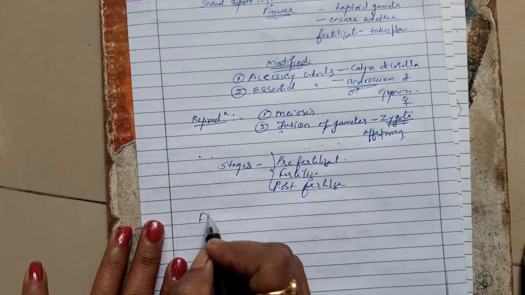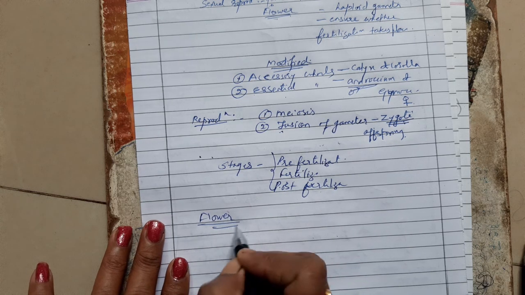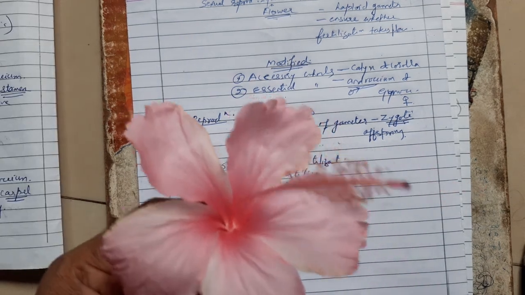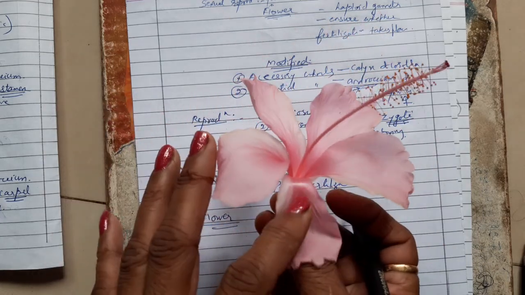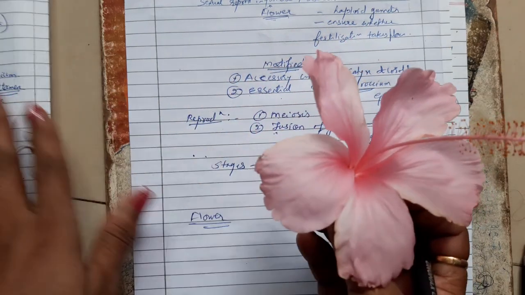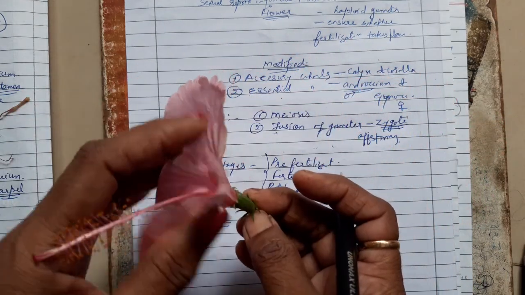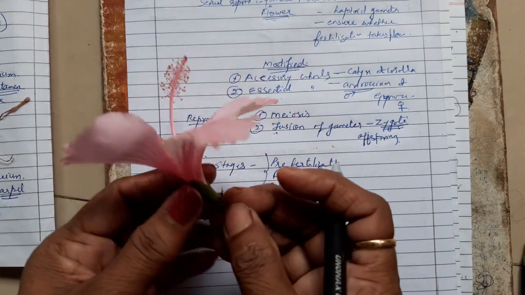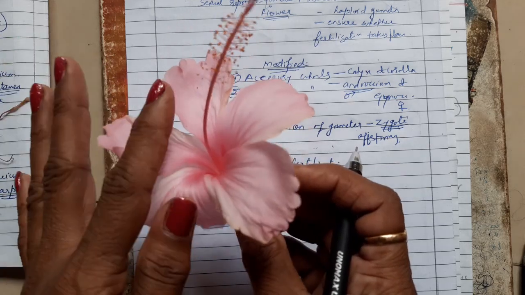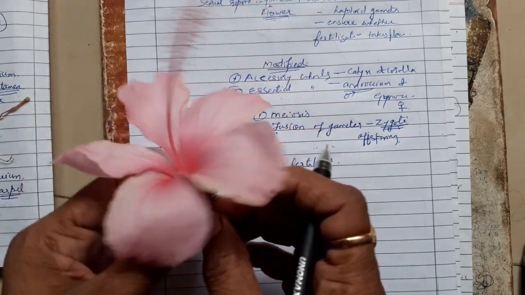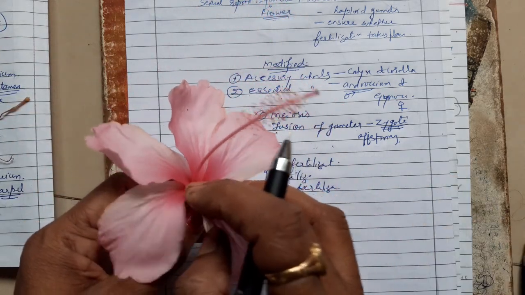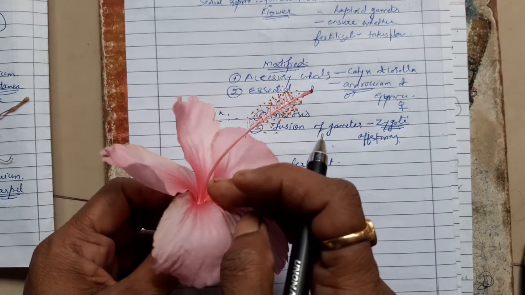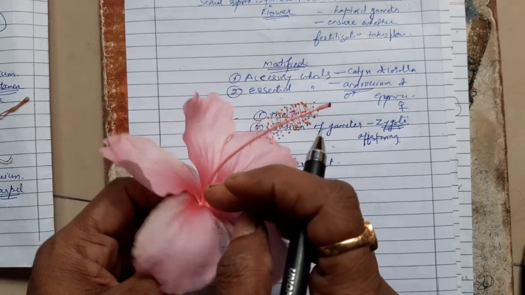Now we are going to study the structure of the flower. Let us see the flower. You have already studied it. These are the petals, and this is the calyx. These are the sepals, joined here. These are accessory whorls which protect the inner part of the flower, that is the reproductive organs, gynoecium and androecium.